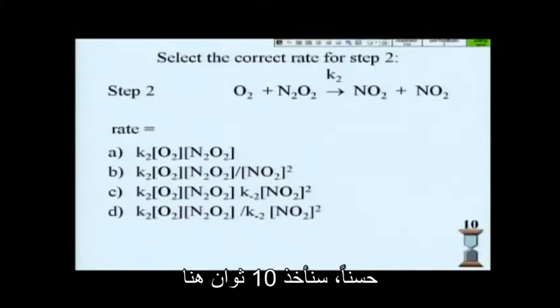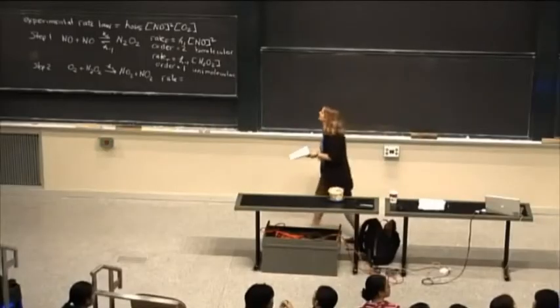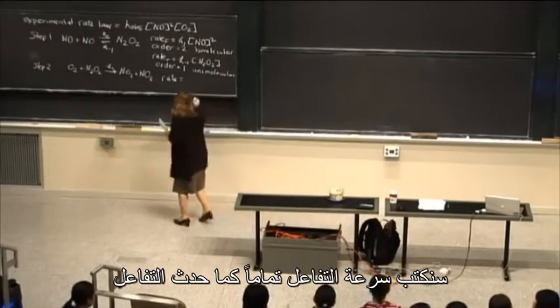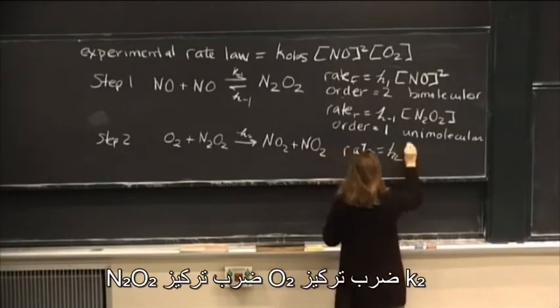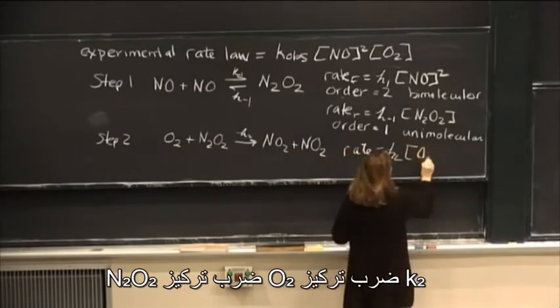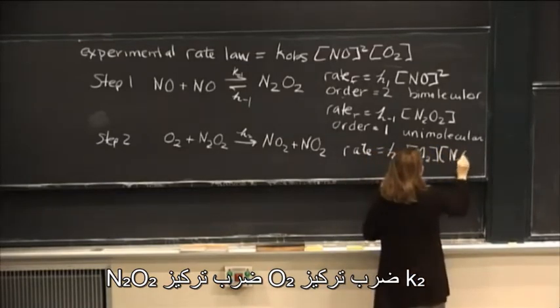Okay, just 10 more seconds. So we write it exactly as written. So we have a K2 times the concentration of O2 times the concentration of N2O2.